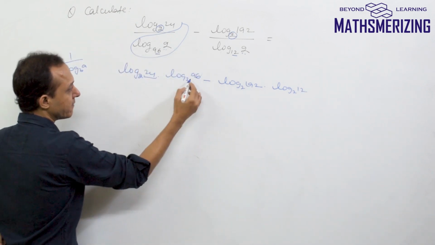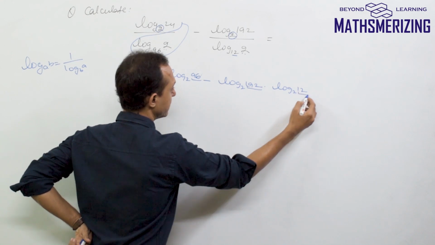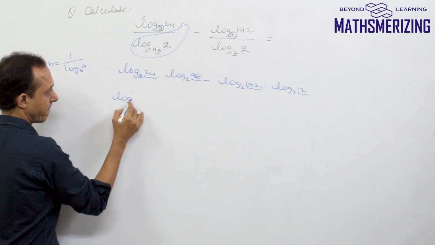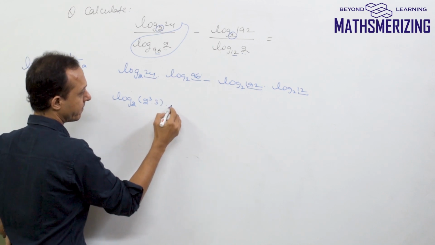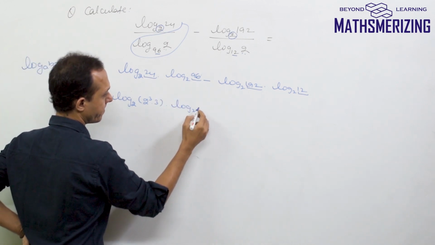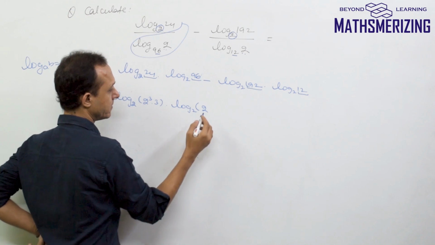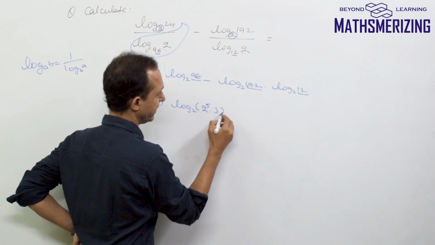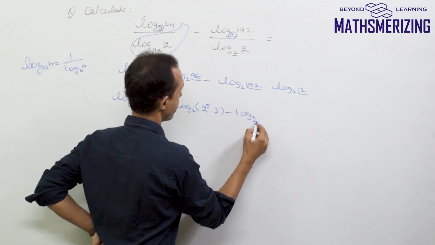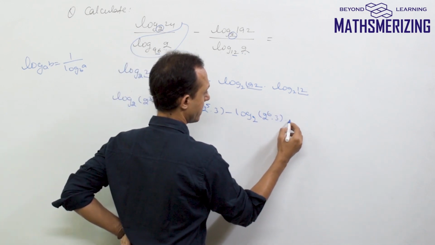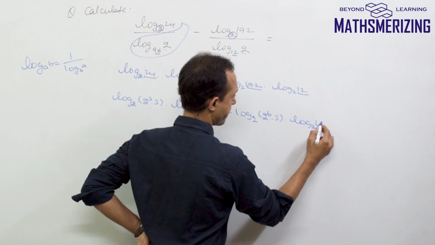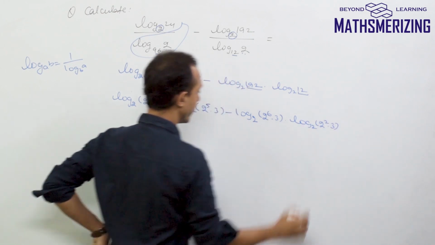Now I'll express each of these numbers as prime powers. So 24 is 2 cube into 3, 96 is 2 to the power 5 into 3, 192 is 2 to the power 6 into 3, and 12 is 2 square into 3.